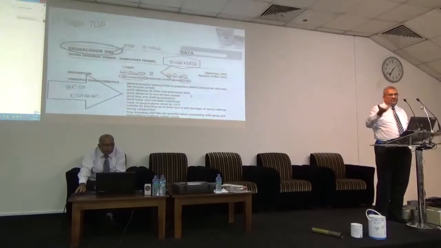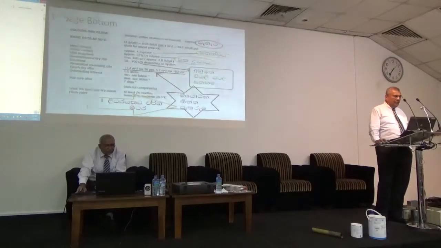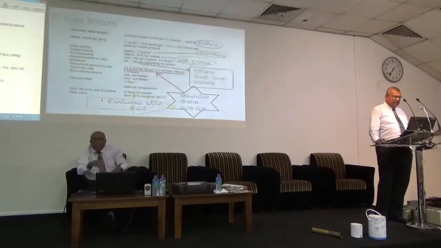First coat, this is another issue there. So you have to educate and tell him very clearly this is the issue. And the color is green yellow. Solid volume is 57. Density is this. The pot life is this.